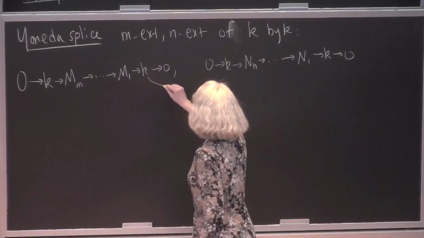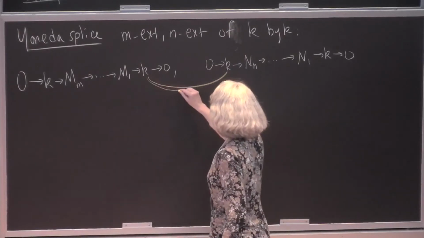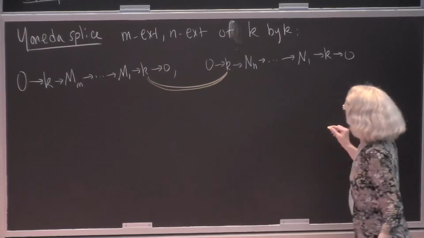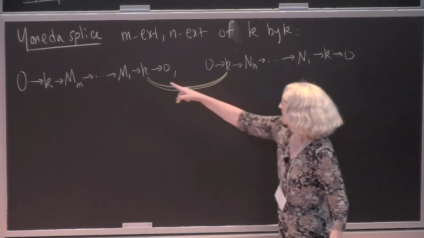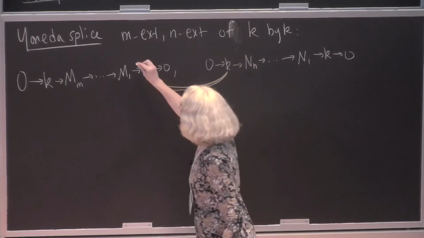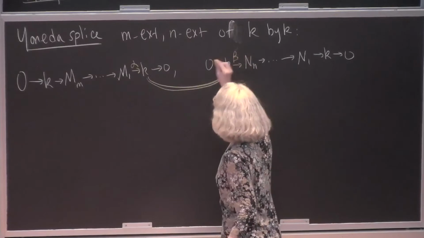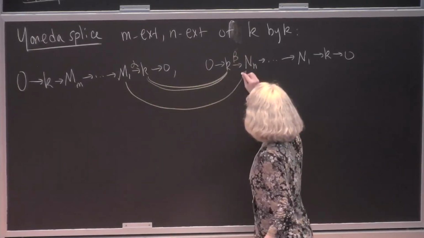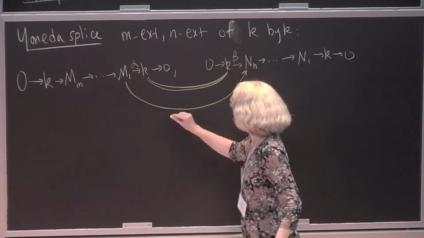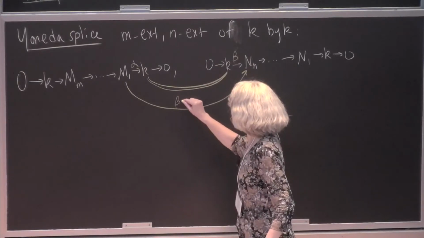Okay. I'll try to do it on the board. I'm going to identify the two copies of k here. And then I have this map and this map that I can compose. Maybe I'll call this one alpha and this one beta just for the moment. So I can compose these and write this as beta composed with alpha.